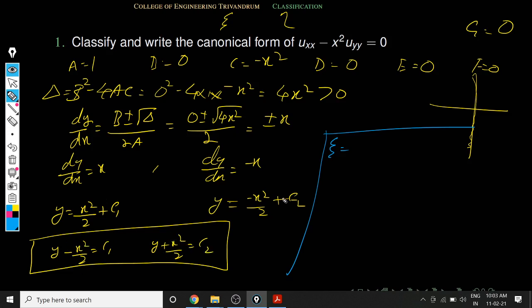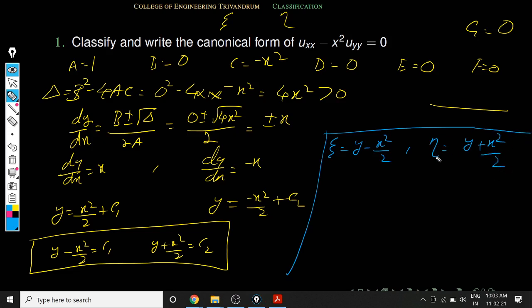You choose one function as psi. There is no order, so you can choose any one of them as psi. I am going to choose the first one as psi, and the second one as eta, that is y plus x square by 2.